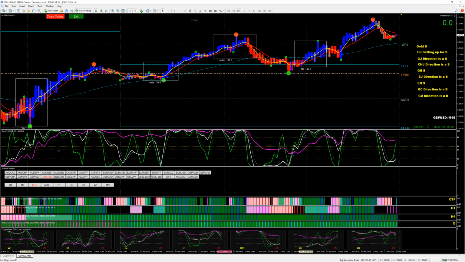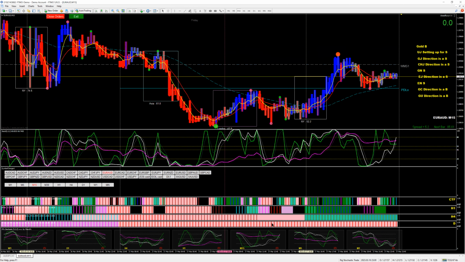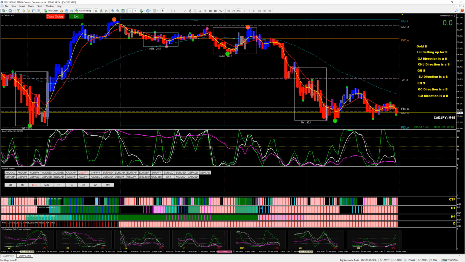Okay. And Euro Aussie. Euro Aussie direction is a sell. It's actually in a sell, but I have a 3-ball here, and I'm not going to get good trades, so I'm going to skip that. Then CAD yen.